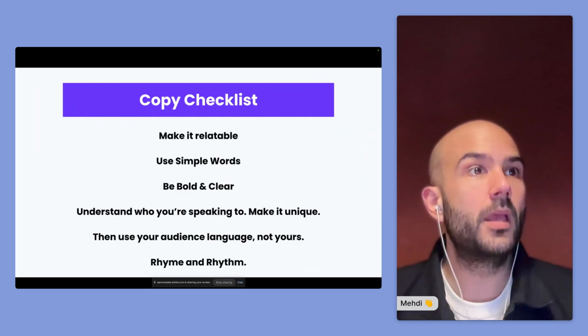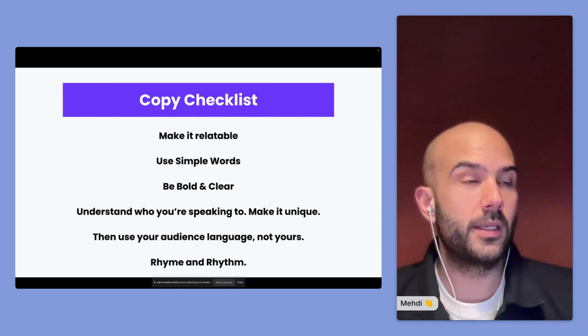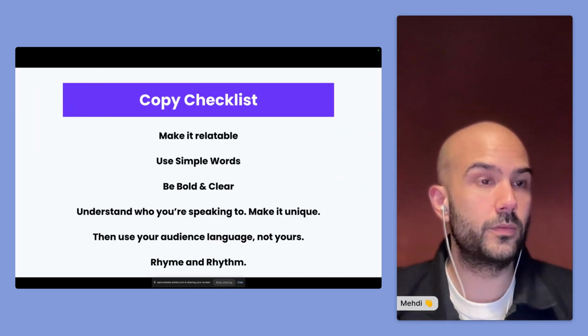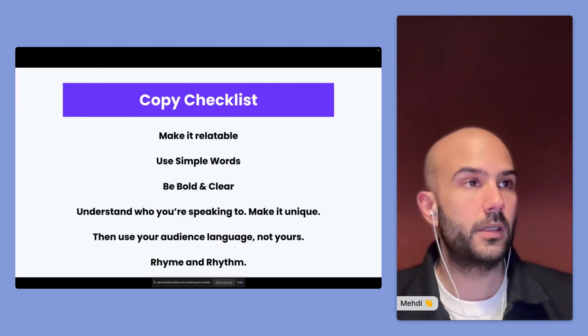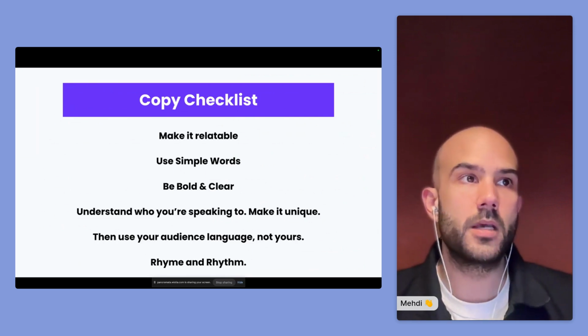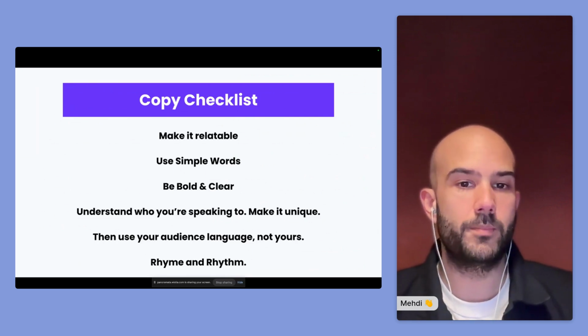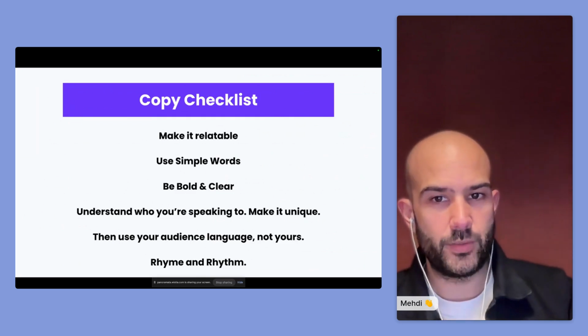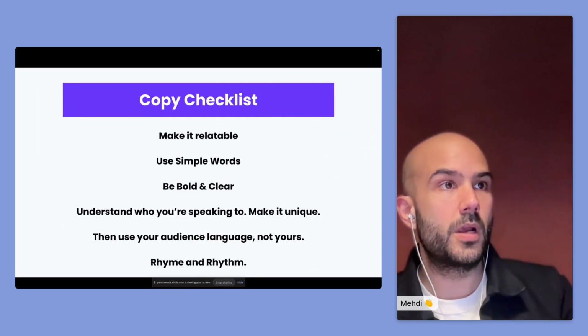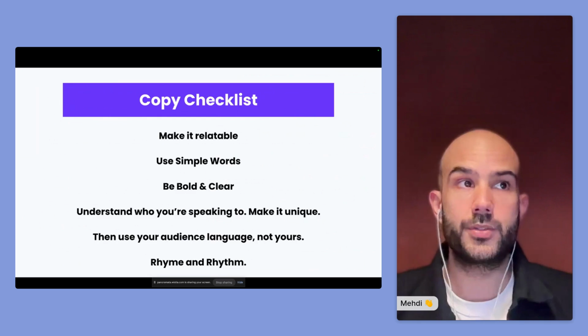Make it unique. If the words that you're using can apply to another offer, another product than yours, this doesn't work. It means that it's not specific enough. It means that you can do better. So understand who you're speaking to, make it unique, use your audience language, not yours.